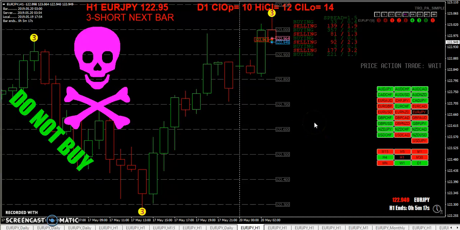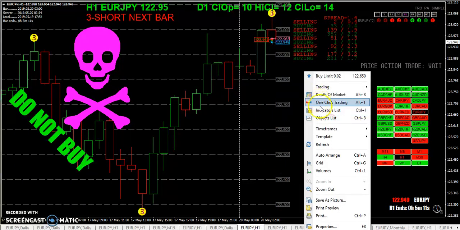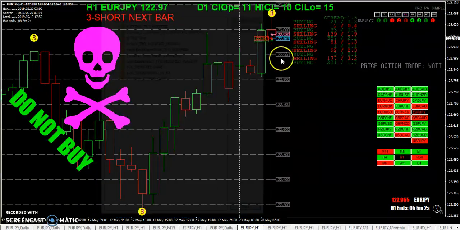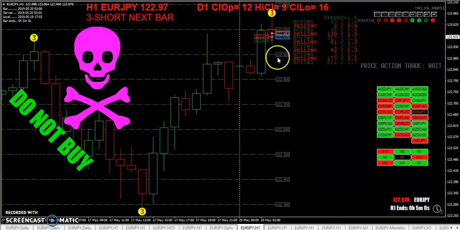And once again, a trader looking for a method to trade. Once again, simple horizontal lines. All you have to do, you could just put on the sweet spot gold indicator that I modified, and it'll plot these horizontal lines.